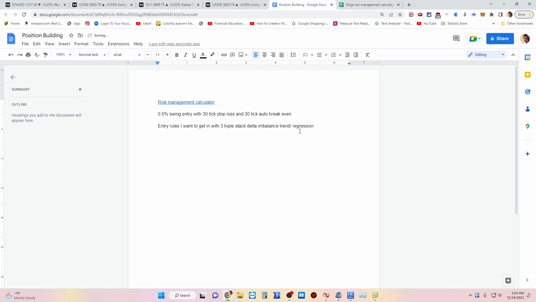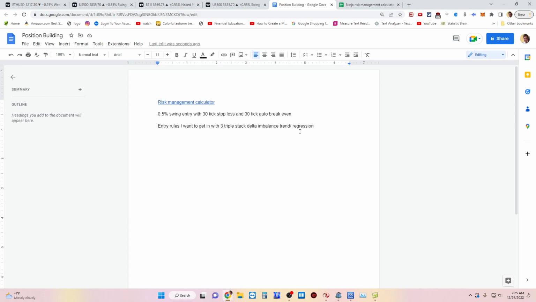Either or. I just set up two bots. Whenever I get an entry signal on a pullback, I want to get in, and I just put on the bot for trend and regression. Whatever gets me in first, that's the one.